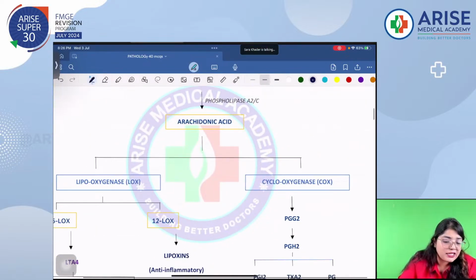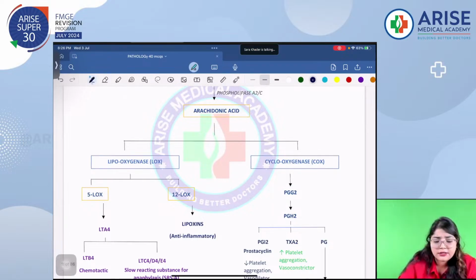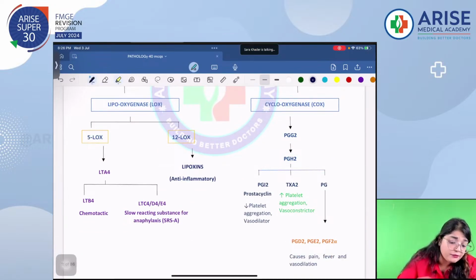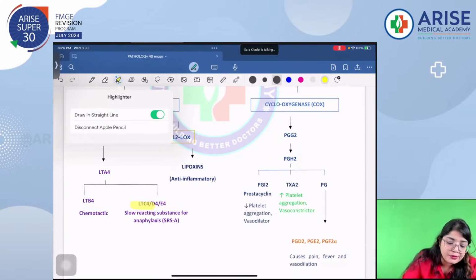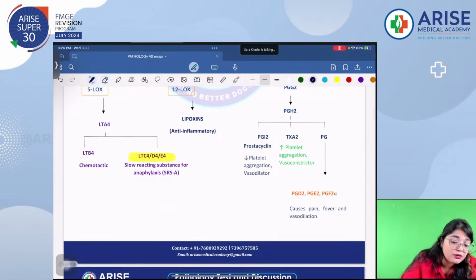Okay, so this is your arachidonic acid pathway. It differentiates into COX and LOX. From your LOX, just remember LTC4, D4, E4, which are the slow reactive substances of anaphylaxis. And how do you inhibit this?